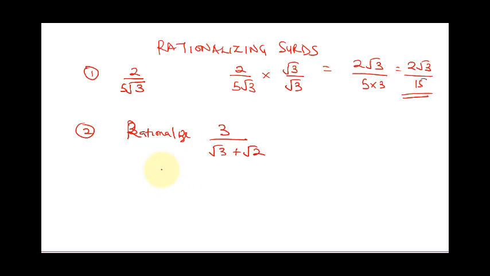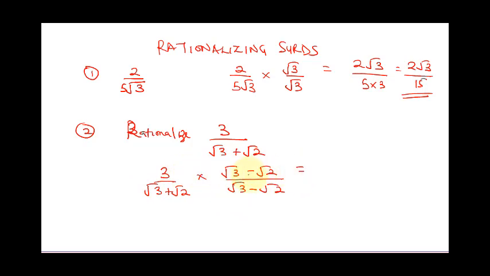So we're going to do 3 over root 3 plus root 2 multiplied by the conjugate, root 3 minus root 2 all over root 3 minus root 2. Now notice, like I told you, this entity is 1. So it doesn't do anything, rather it takes away the root in the surd at the denominator level.